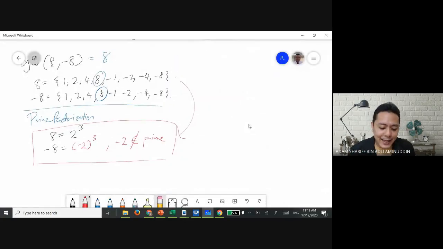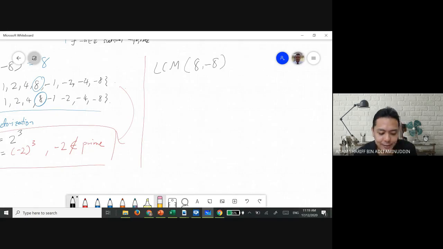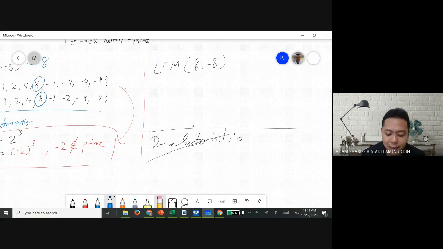Alright, ni GCD kita tolak tepi sekejap. Kalau LCM between 8 and negative 8, dan secara penjelasan saya tadi, kita tak boleh secara logik guna prime factorization, sebab kita tak boleh faktorkan negatif 8 ke dalam primes. So kita abaikan dulu yang ni.